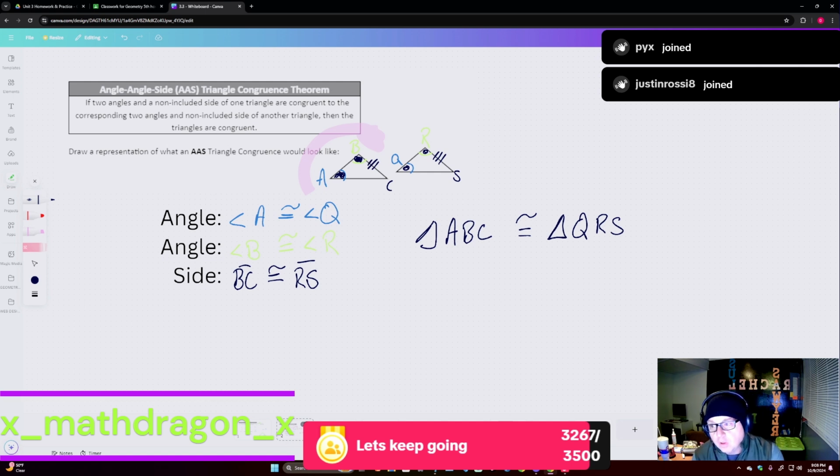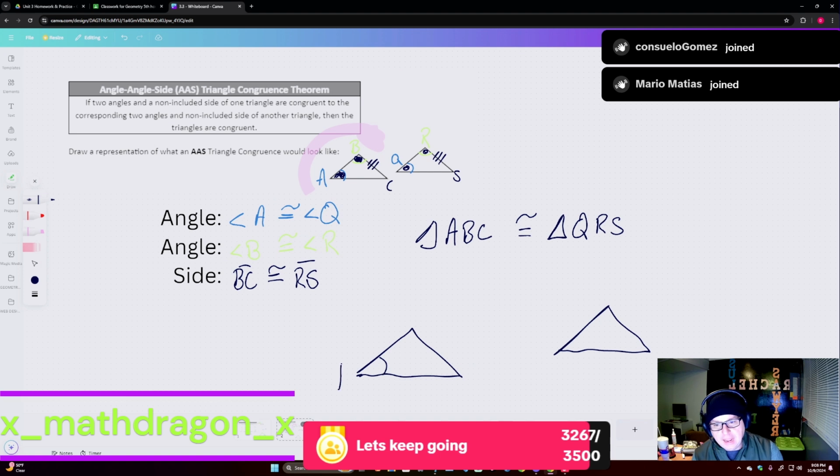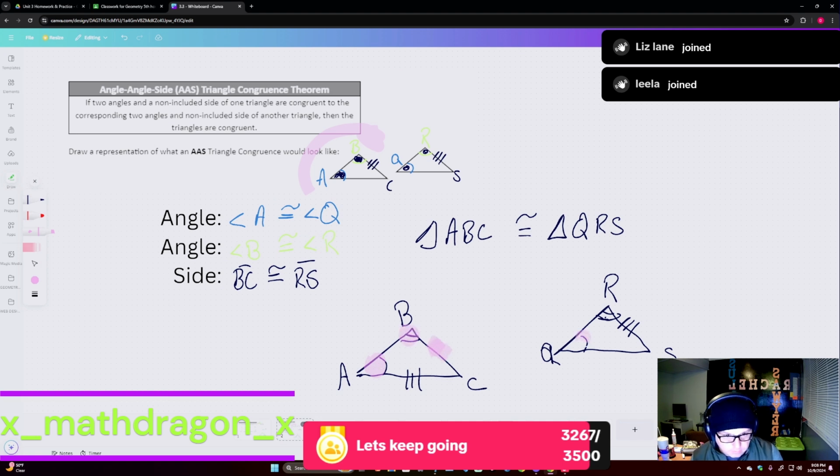Now be careful, because if we were to have those same two triangles, and we had angle A congruent to angle Q, and B congruent to angle R, and then this is S and this is C. But if this is the one that's marked off that's congruent to that, that is not true, because we would go angle, angle, side, angle, angle, side.